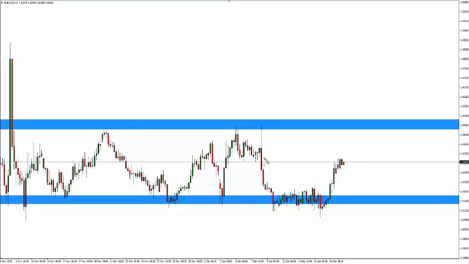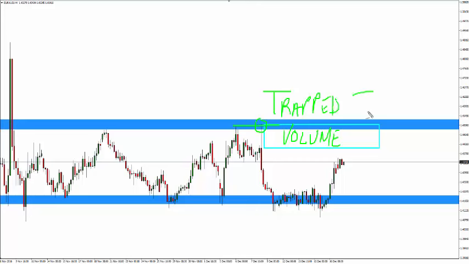We have over here what I call an outside candle trap. It's also a rat trap, which is another type of trap, which occurred just in there. And all of this area here is volume. It's trapped traders in there, who were essentially looking to trade that pullback in this area here.